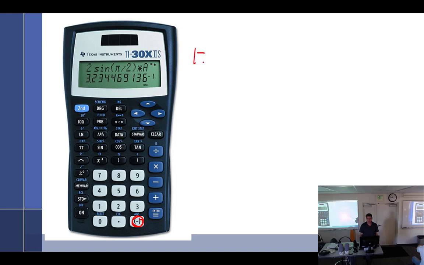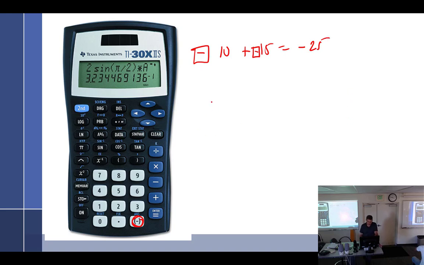So the negative key, 10 plus the negative key, 15 equals negative 25.